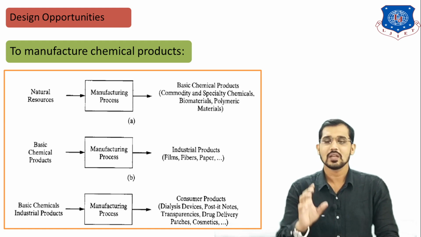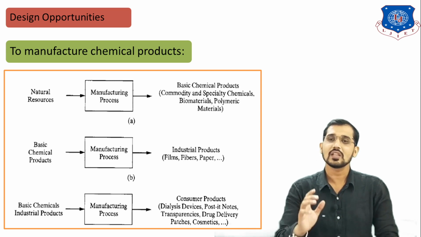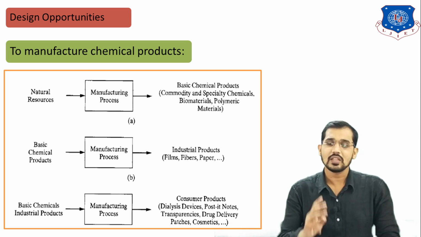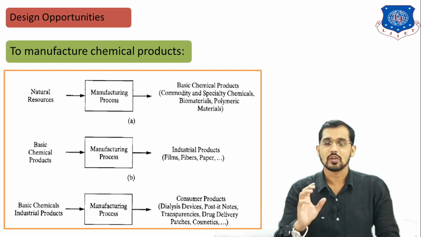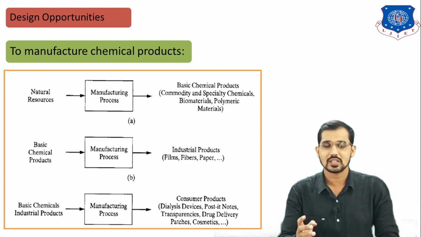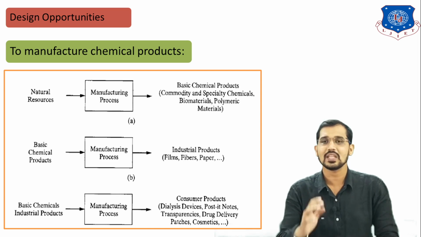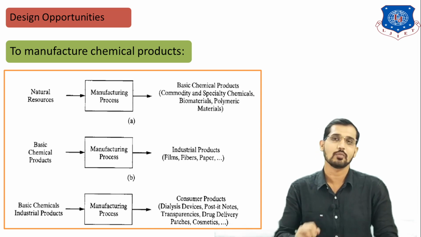For that purpose, basic chemical products, that is specialty chemicals or polymeric material, are the raw material. And finally, the third opportunity is manufacturing of consumer products. Those are cosmetics, drugs, etc. For that purpose, the raw material is basic chemical products or industrial products.